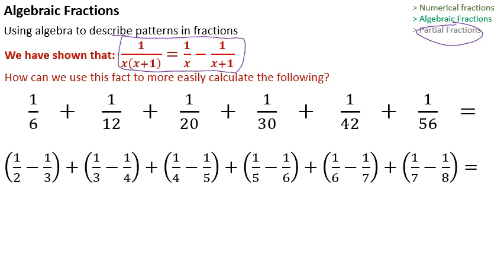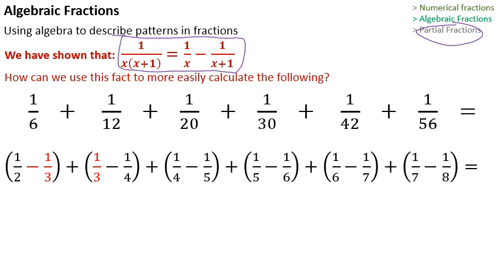Look closely at the fractions we've got in our total sum. I've put them in brackets mostly to make it convenient to see which one links with which fraction. A third minus a quarter is a 12th, for instance. But now, if you ignore the brackets, because each bracket is just added together, we can basically call it a half minus a third plus a third minus a quarter plus a quarter minus a fifth, and so on.